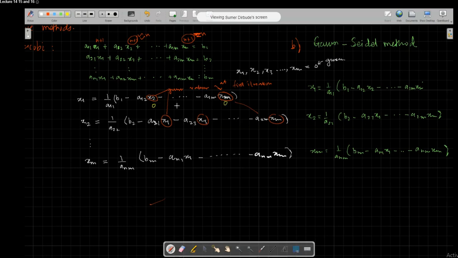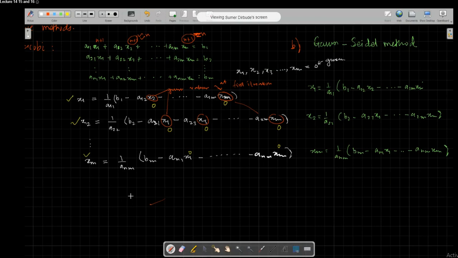Next, in the Jacobi method, x1, x2, x3, xn, they are all zeros. So with x1 and x3 set to 0, x2 is obtained. Similarly, x1 is 0, likewise xn is 0, and xn is calculated.